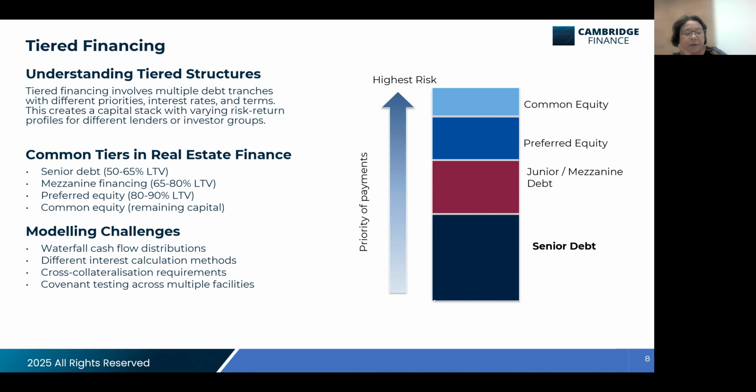The challenge in modeling it, as we always say, is the what-if scenarios. You're going to have to model the waterfall. So first, what if you sell it for more than the senior, then you pay the senior. What happens if you sell it for less than the senior? Then you have no money to pay, and you have to find money to pay for it.